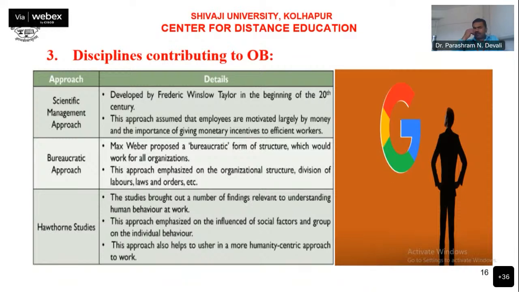आता scientific approach मध्ये आपण when we think about scientific approach, means what? After industrial revolution, use heavily machine for the production of products and increase production.